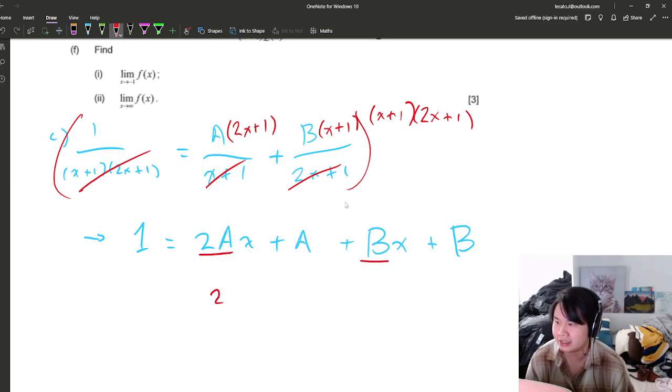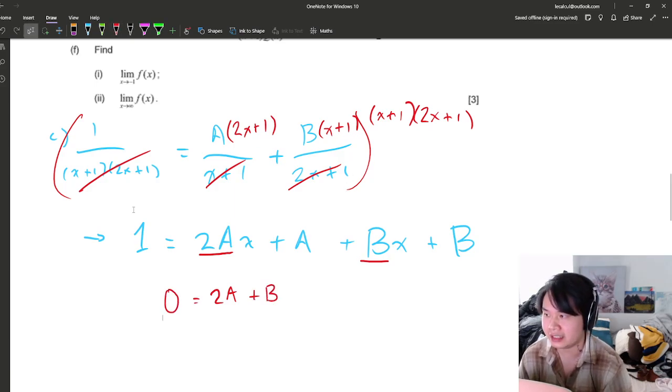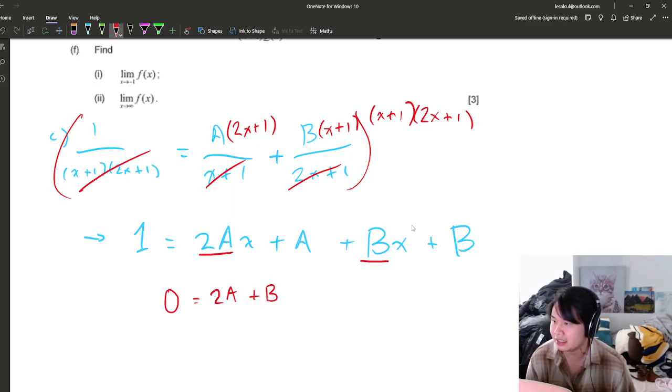So I know that 2a plus b is going to be 0 because on the left side there are no x's, which means that their coefficients need to be 0 once you collected like terms. Likewise, I know that if I just take a and b and I add them together, they should be 1.